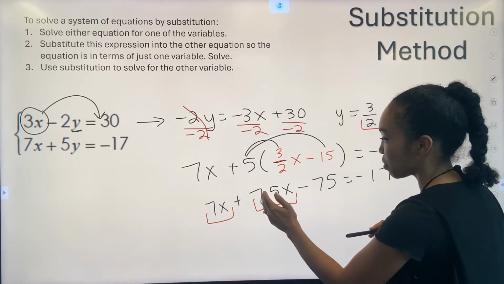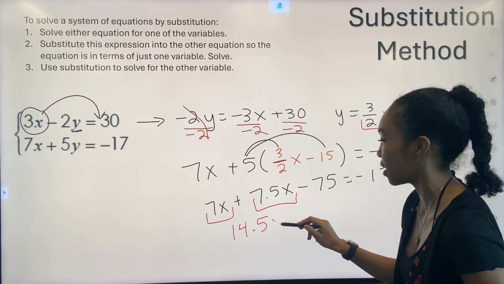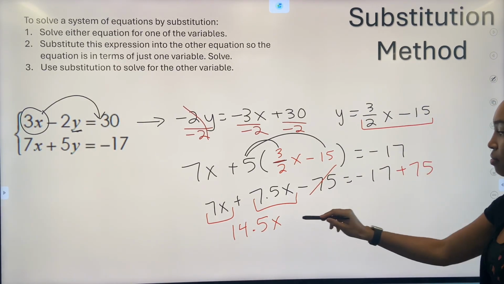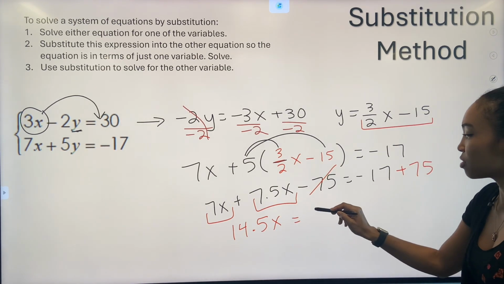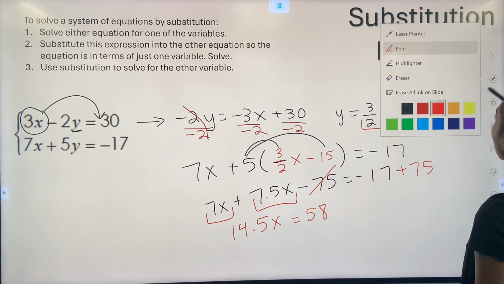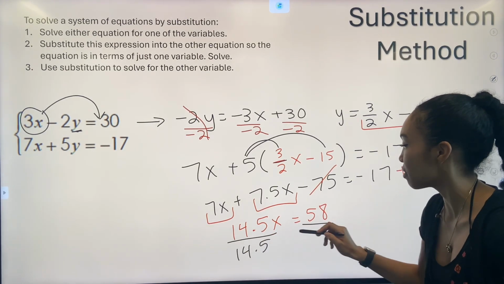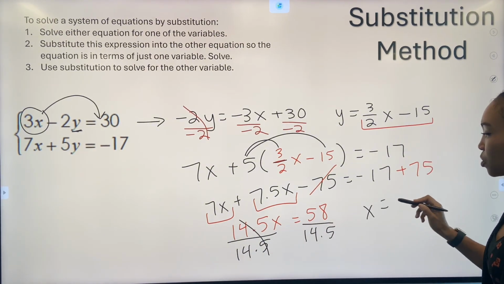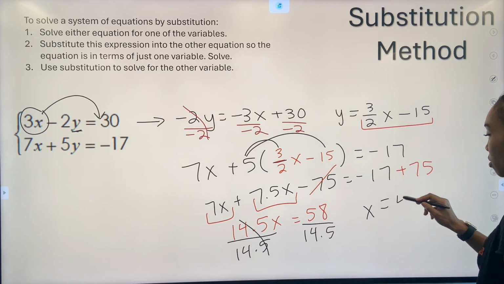So 7x plus 7.5x is 14.5x. I can now add 75 to both sides. Negative 17 plus 75 is 58. Now you can divide both sides by 14.5. So x is equal to 58 divided by 14.5, which is 4.